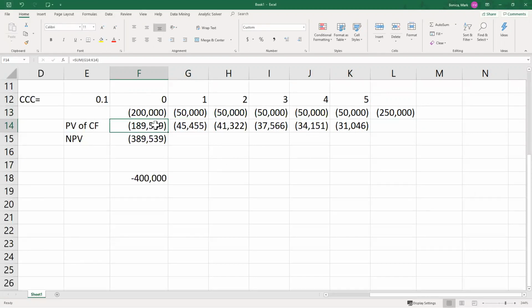And so when you add the present value of the future payments to the initial payment, you get an NPV of $389,000, which is cheaper than just paying $400,000 up front. So even though on the surface it looks like paying the full amount up front would save you money, it really doesn't, right? So that's lesson 1 with future payments.